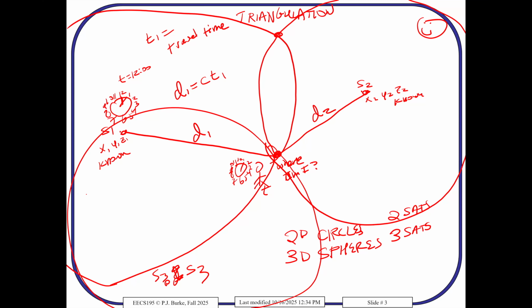So the satellites now have good clocks, but on the ground, we have bad clocks. I'm going to describe quantitatively what that means in a moment. So let's assume the satellite clock is perfect for the purpose of this discussion, in the interest of time.